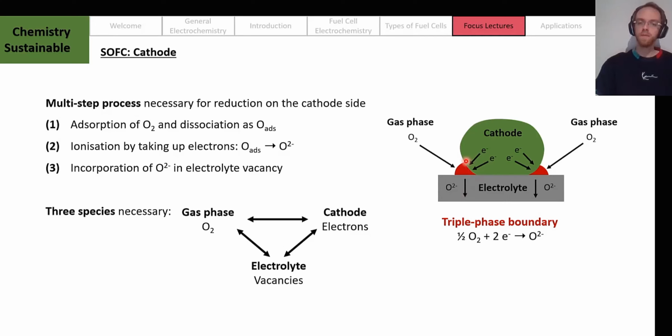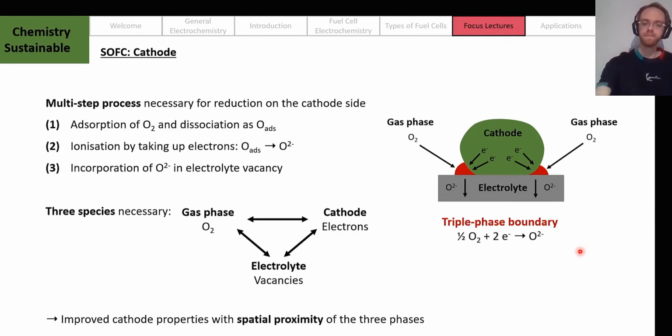So what we aim for is actually a maximization of these triple phase boundary areas here, as more of them will allow us for more active sites and thus for higher reactivity. So if we want to improve our cathode properties as a whole, we want to have a spatial proximity of these 3 phases and a maximum amount of these kind of places where we can facilitate this reaction.